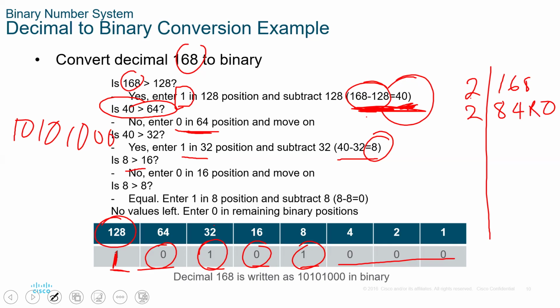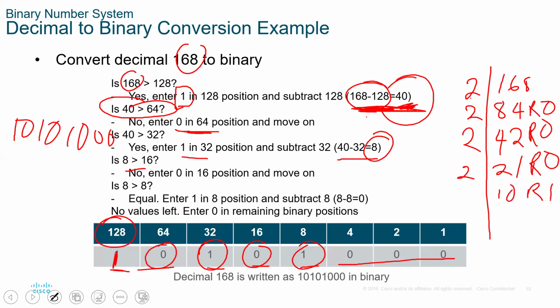Then I come here again. 2 into 84. 2 into 8 will give me 4. This one will give me 2. Remainder 0. Is that not so? I come here again. 2 into 42 is 21. Remainder 0. 2 into 21 is 10.